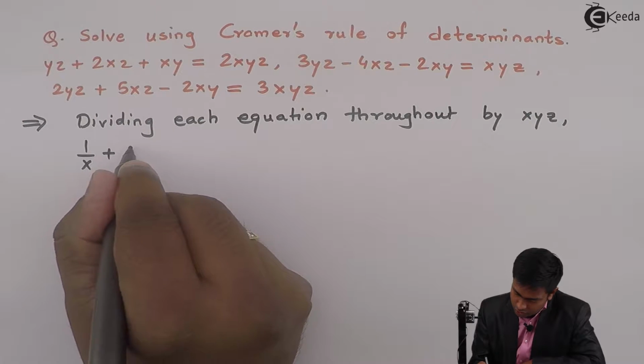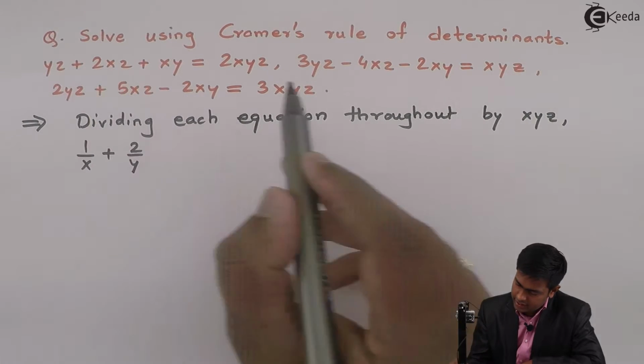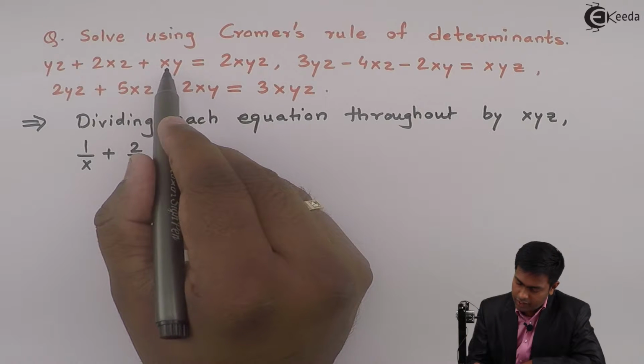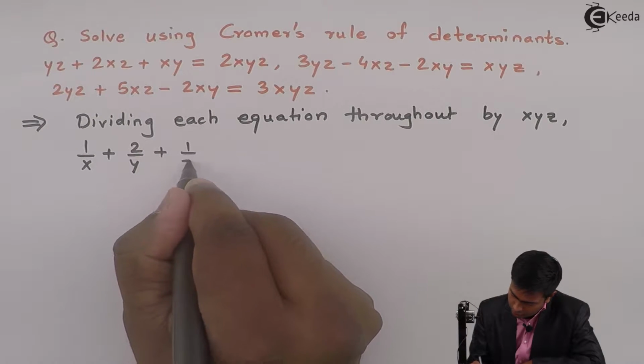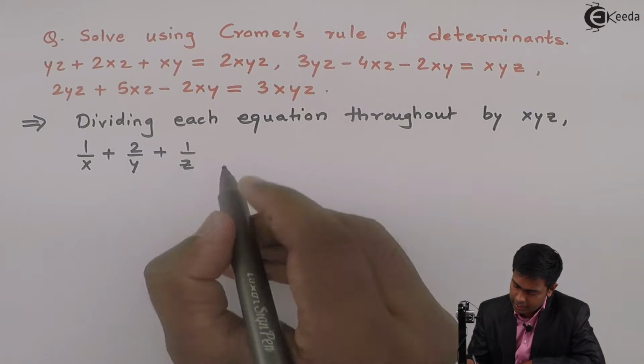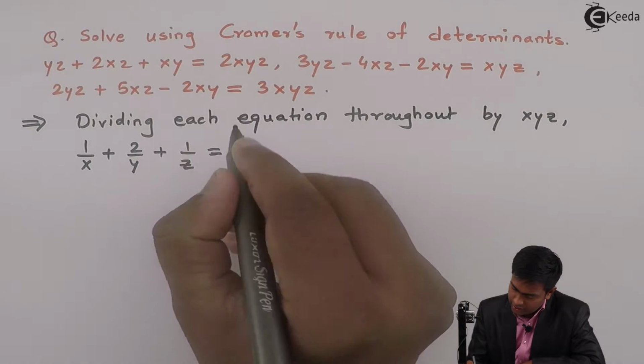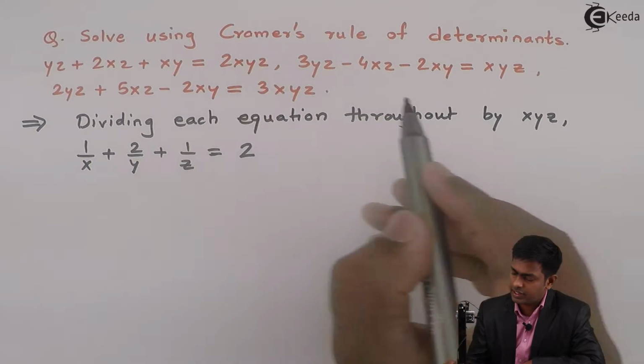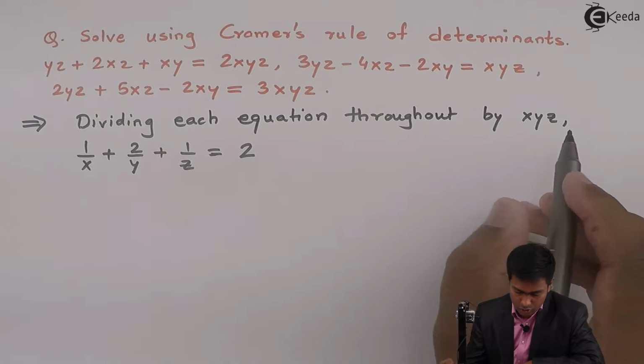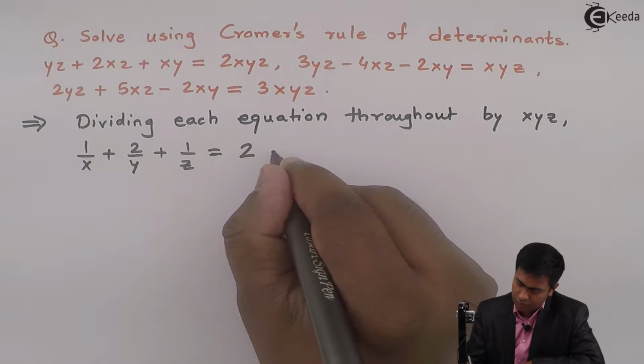Here we will get 2 upon y because xz and xz will be cancelled. Here we will get plus 1 upon z because xy and xy will be cancelled, and in the right hand side we will get 2 because this xyz and xyz will be cancelled. So I will say this as first equation.